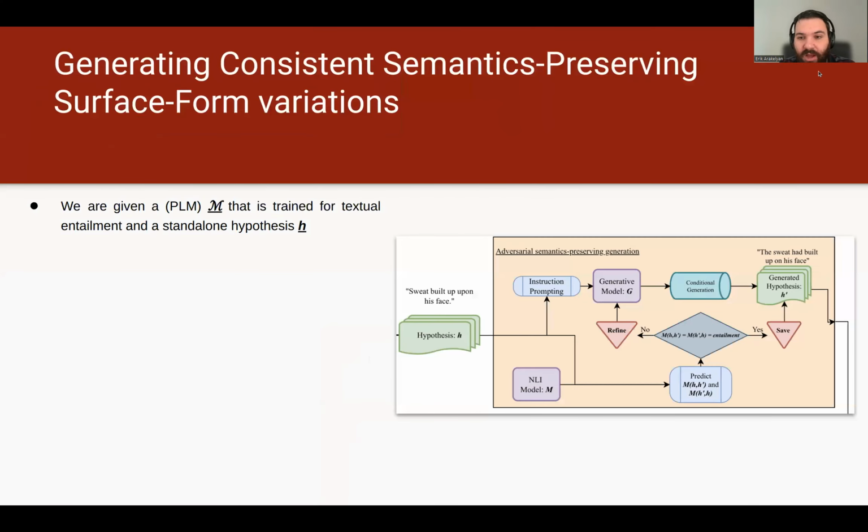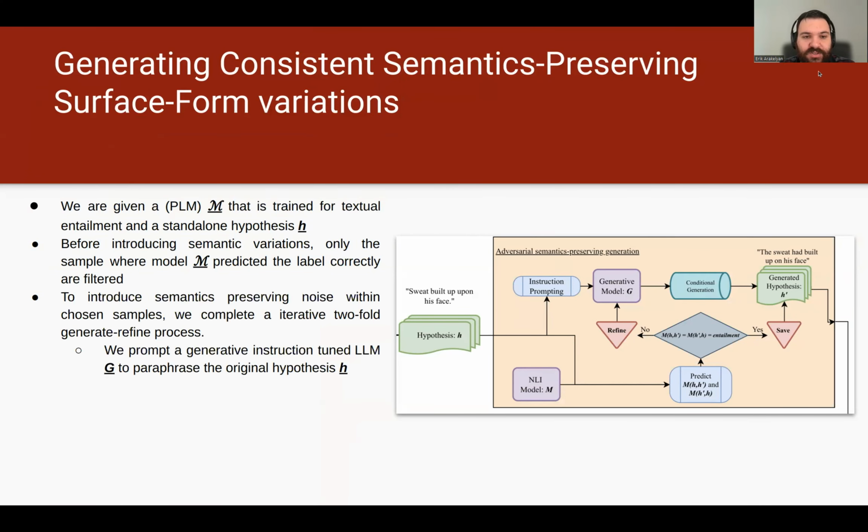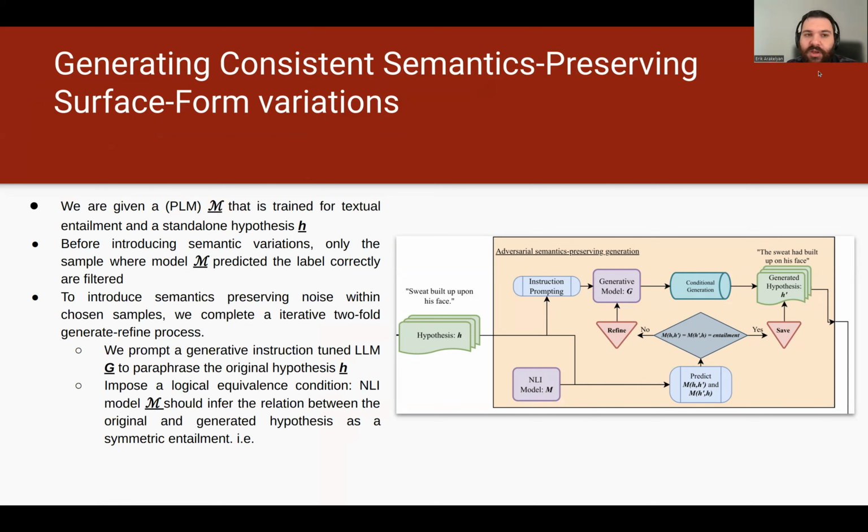So how do we do the first part is the important question. We're given a pre-trained language model M that is trained for textual entailment. Textual entailment is the same as NLI. And a standalone hypothesis H. A hypothesis can be any type of sentence, it doesn't really matter. Before introducing semantic variations, only the samples where the model was originally correct are taken.